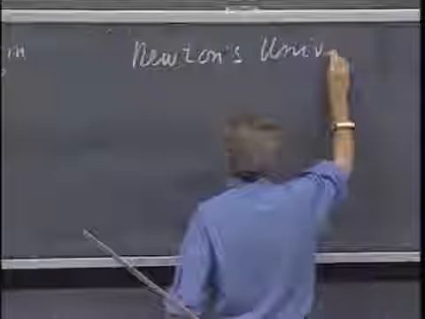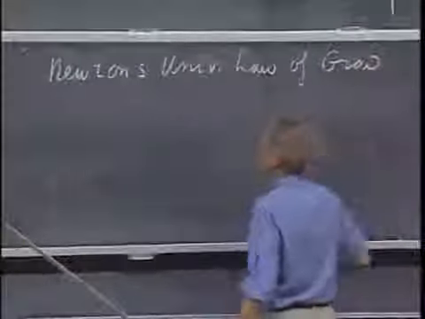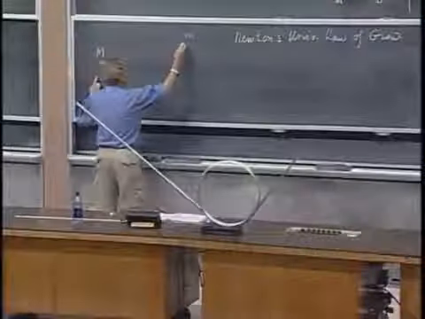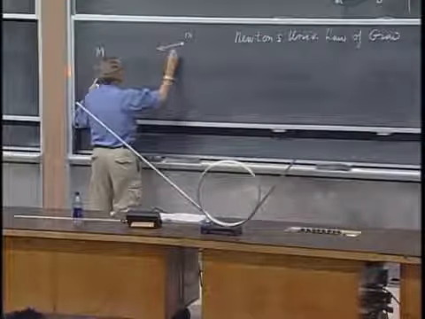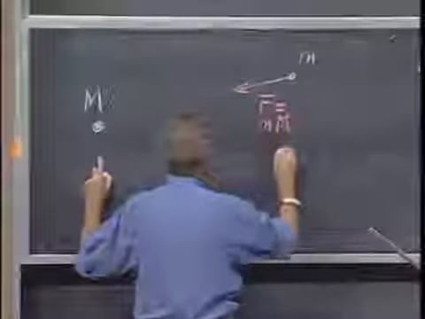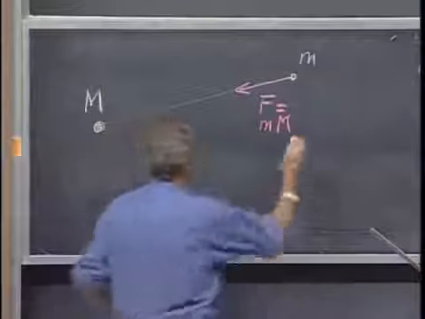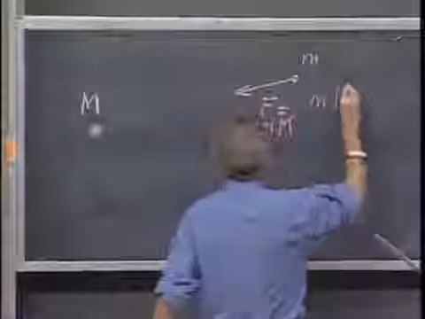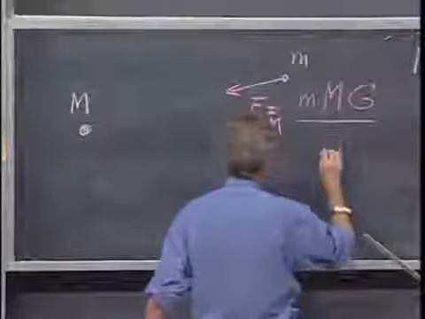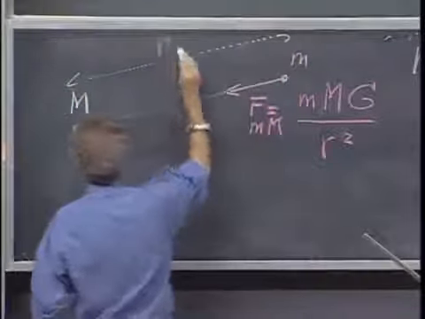He says the force that little m experiences, I'll put a little m here and a capital M here, so it is little m experiences that force due to the presence of capital M, equals little m times capital M times a constant, which Newton in his days didn't know yet what that value was, divided by r squared, if r is the distance between the two.